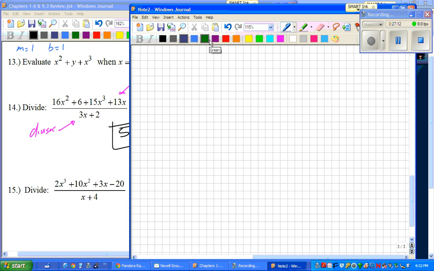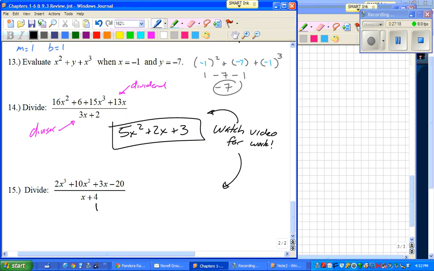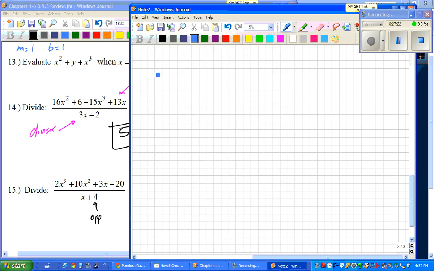So we can do synthetic division because the leading coefficient is 1. I want the opposite of 4, and that is negative 4. And then I want just the coefficients, which is 2, 10, 3, and negative 20.